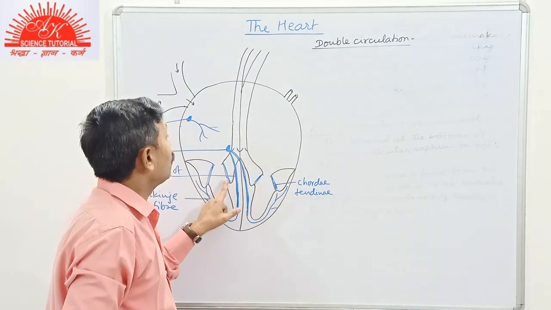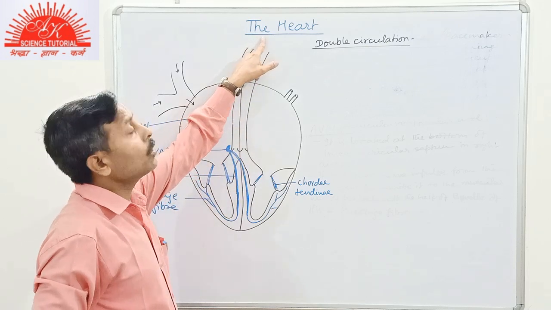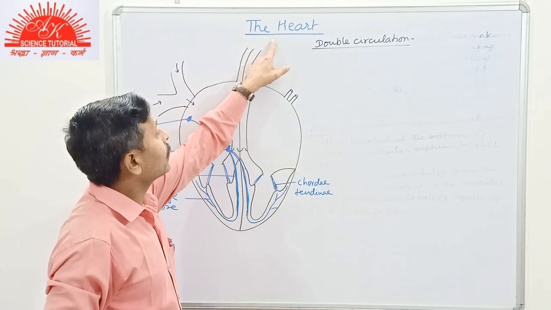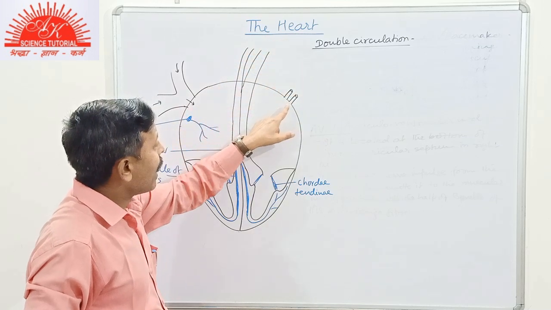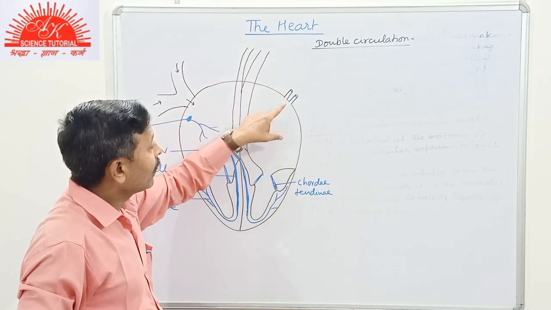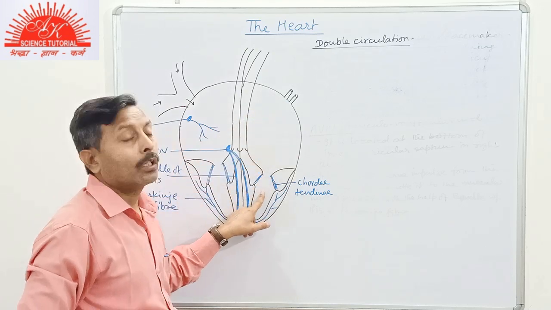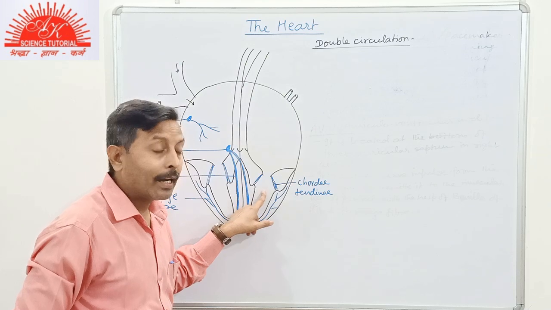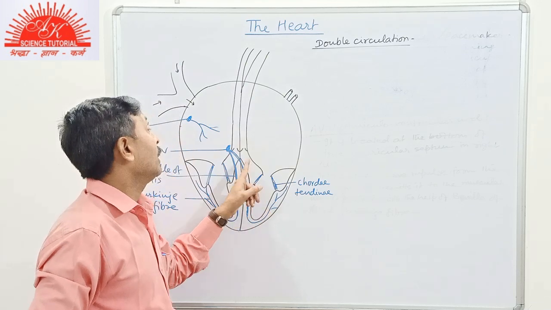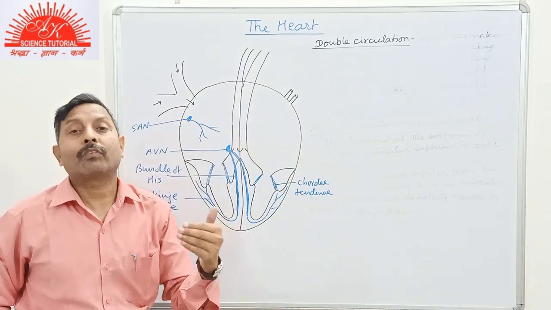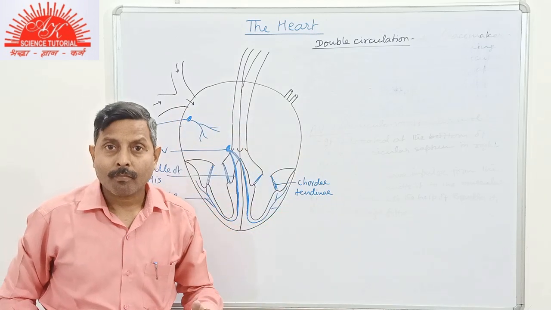From here, through the pulmonary artery, it goes to the lungs for oxygenation. The oxygenated blood returns through the pulmonary vein to the left auricle. From here, it goes to the left ventricle, and when the ventricle contracts, the blood is sent through the aorta to the tissues or different parts of the body.